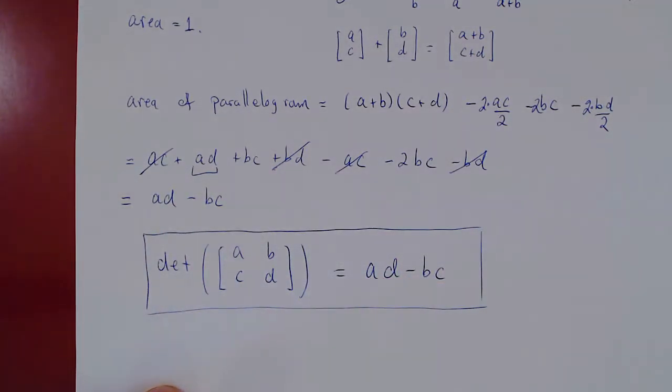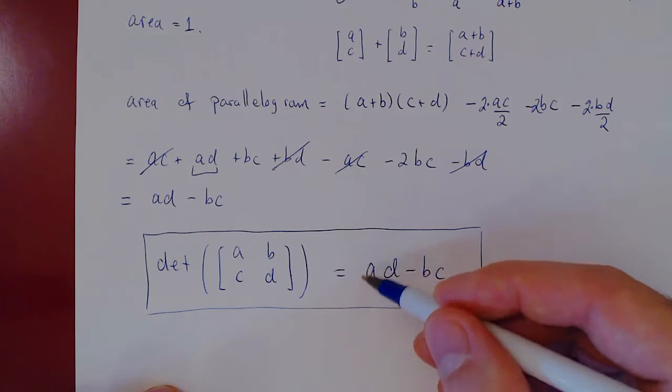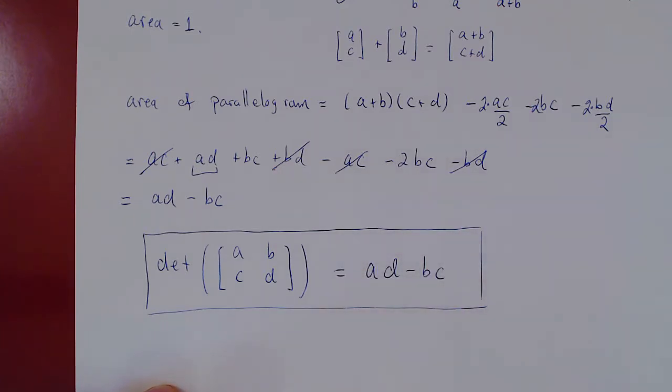The determinant of ABCD is AD minus BC. And again, we do not want to put an absolute value here, because if the determinant is negative, that implies a reflection took place. Let's look at one last picture that will summarize, for 2 by 2 matrices, the geometric nature of the determinant.